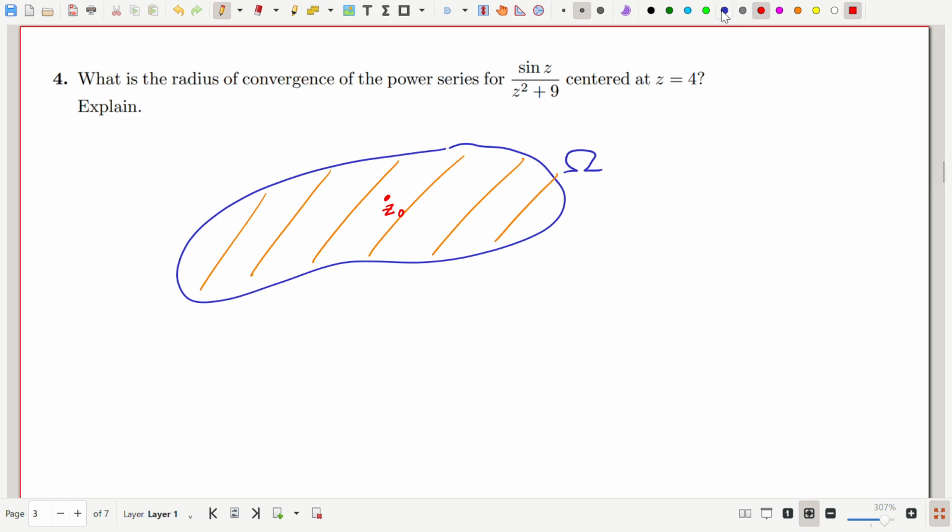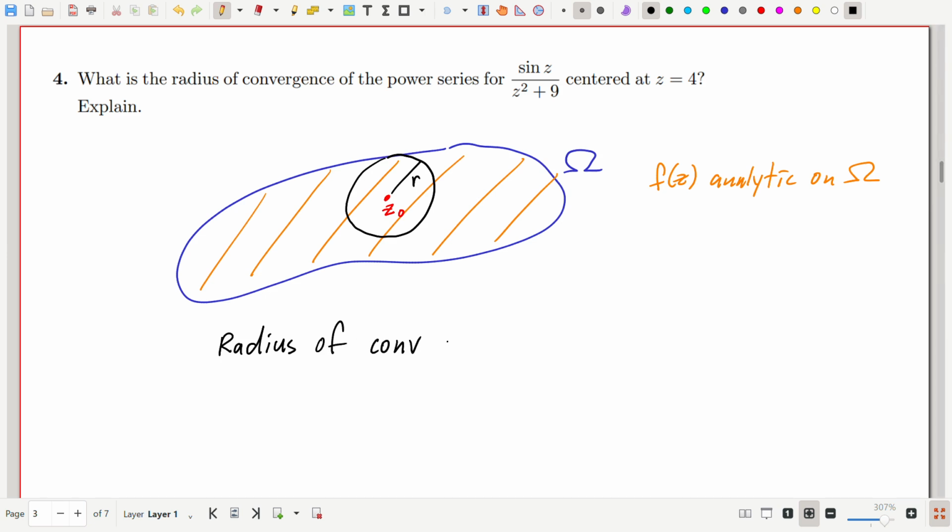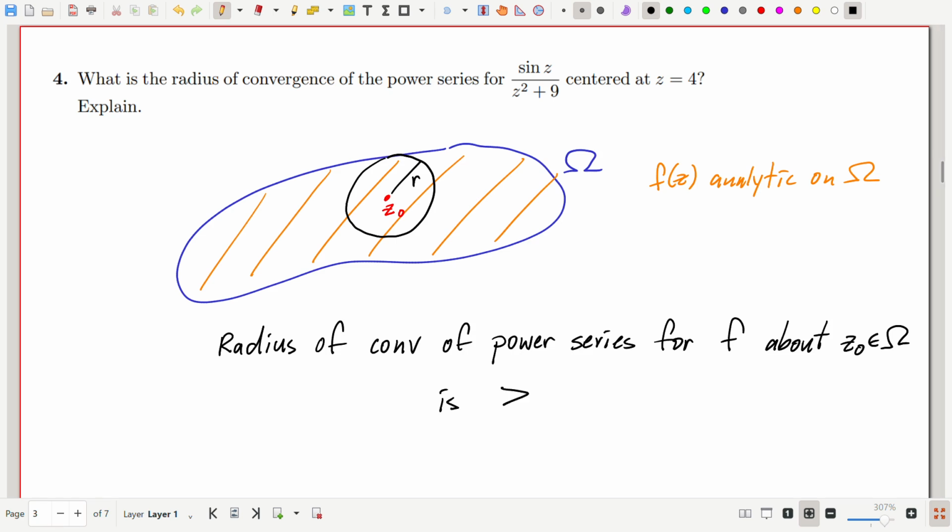It turned out that the biggest circle I could stick in here, let's call that R. Then the radius of convergence of the power series for f, analytic on omega, about z naught in omega, is greater than or equal to that R in that picture. It's guaranteed to be at least as big as that R.